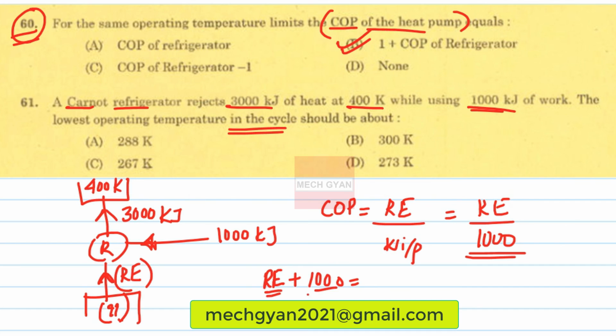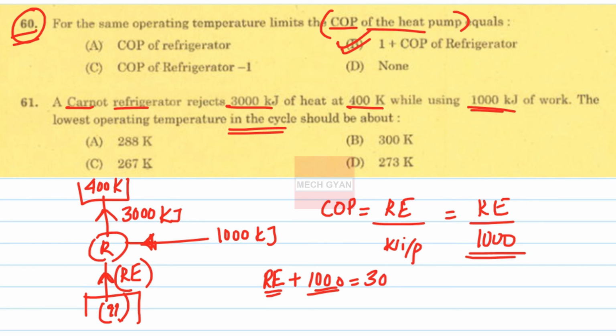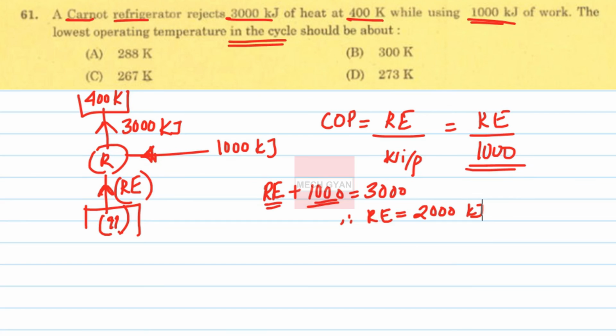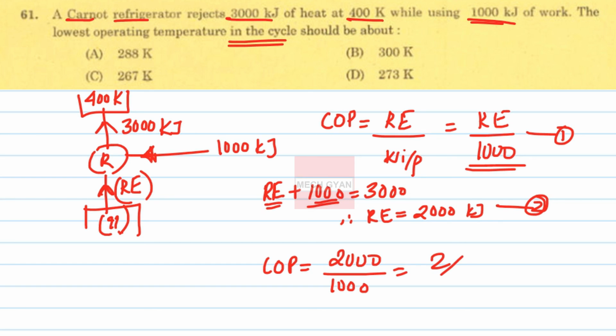So RE goes in, plus 1000 kilojoules here, is equal to 3000. Therefore RE equals 3000 minus 1000, that is equal to 2000 kilojoules. Substituting it in this equation, COP is equal to 2000 by 1000, that is equal to 2.